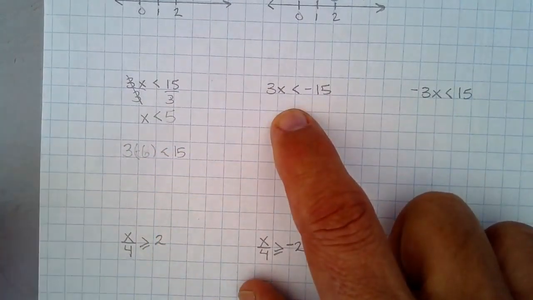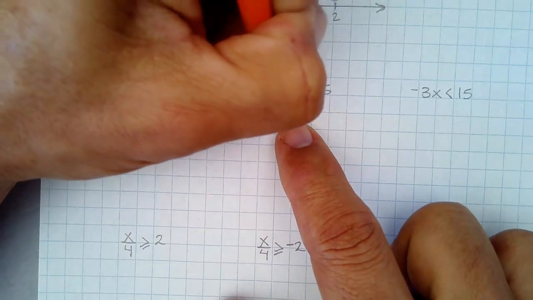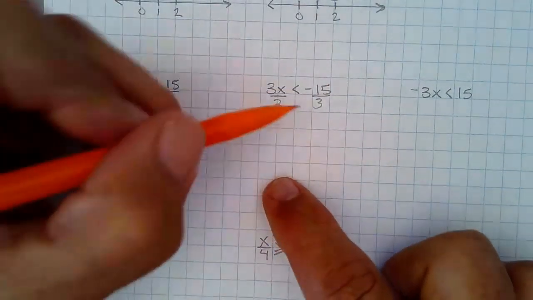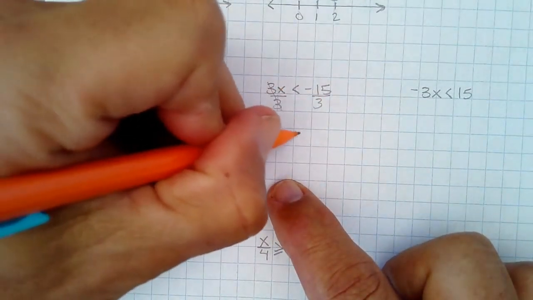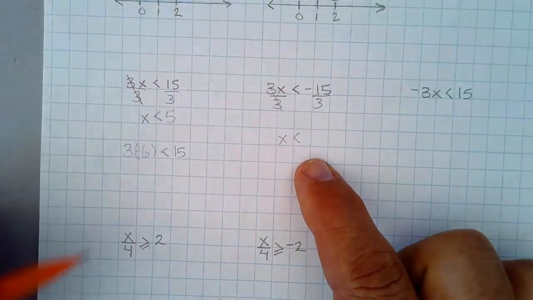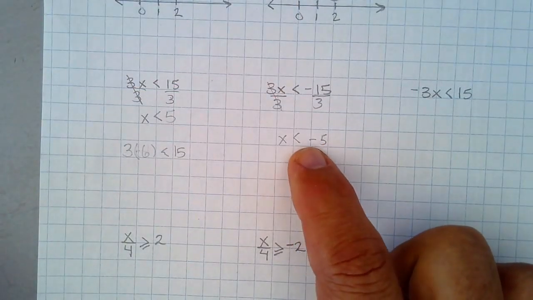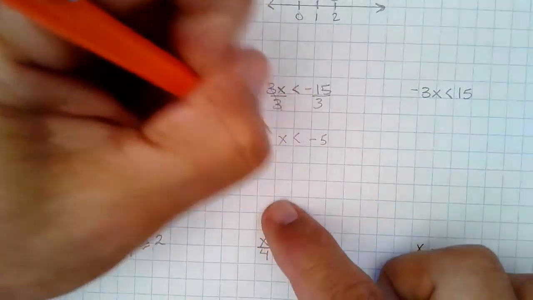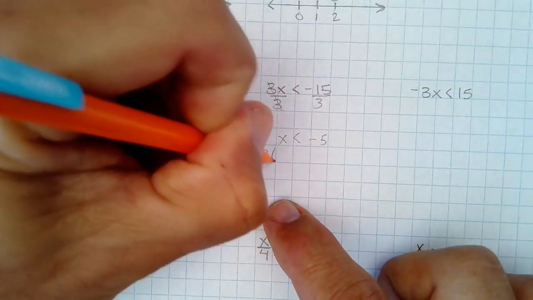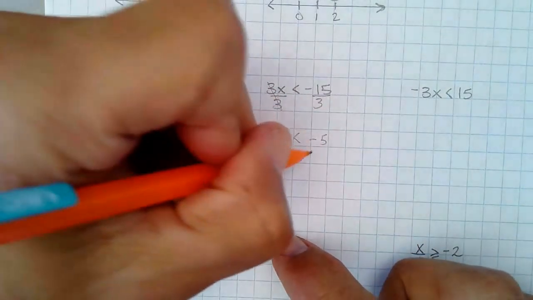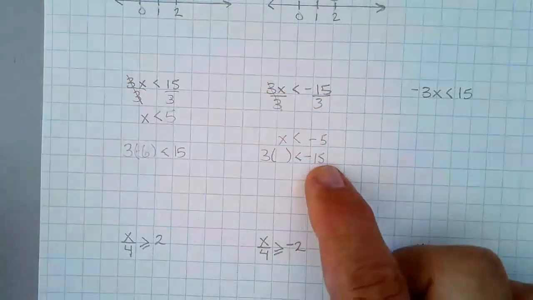Let's go to this. If I divide by 3 again, because I'm multiplying by 3, I divide by that same number, and they'll cancel, and x is less than negative 15 divided by 3, which is negative 5. So now I choose something smaller than negative 5. That should work. And this is 3 times x, so I'll just put this in parentheses because I'm going to multiply these. That means 3 times whatever x is. Here's my original inequality.